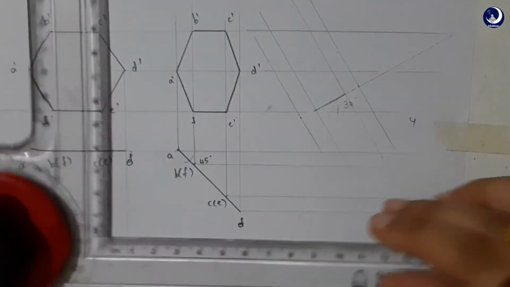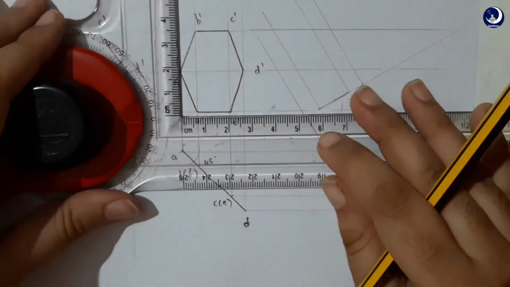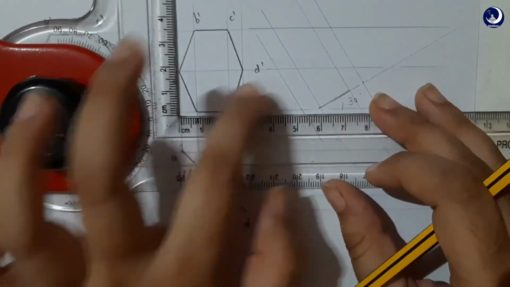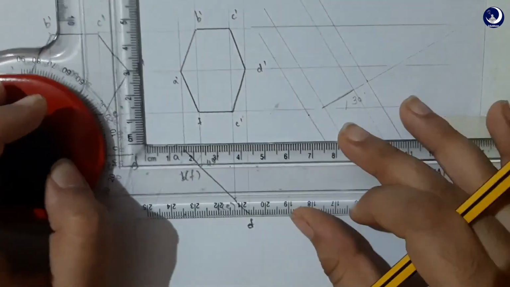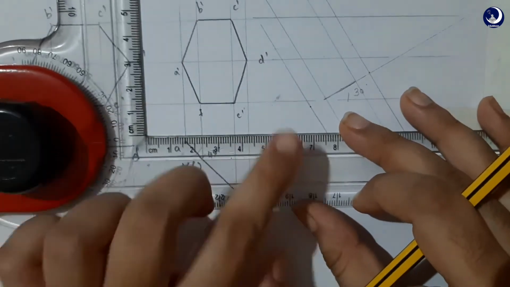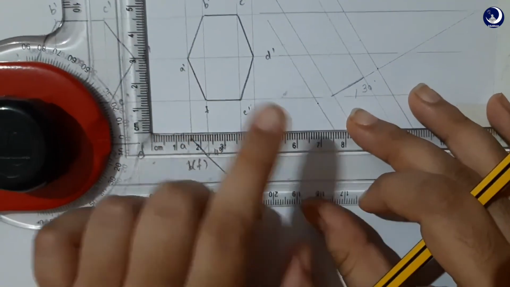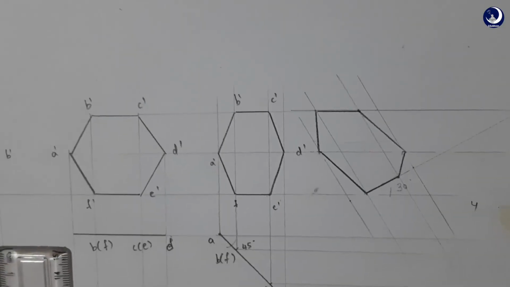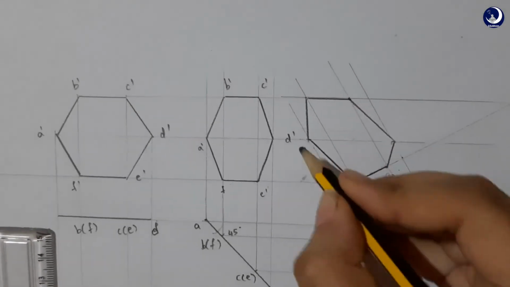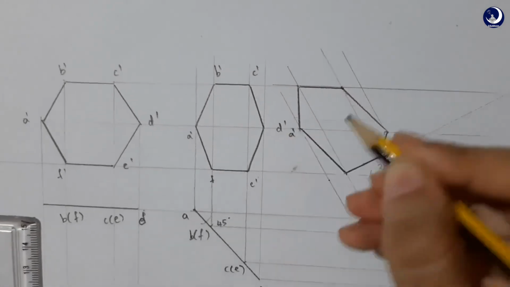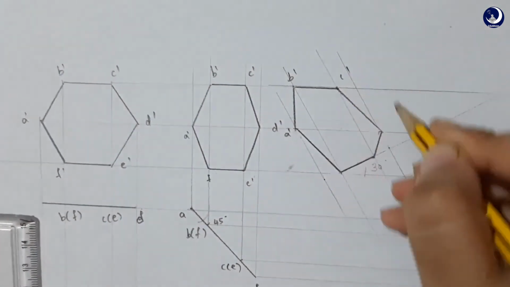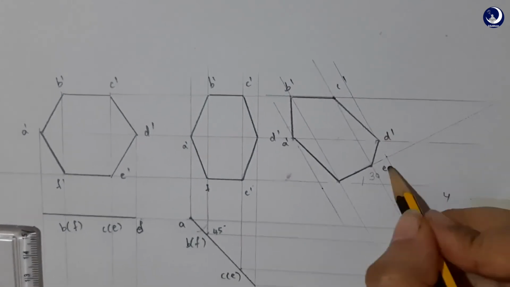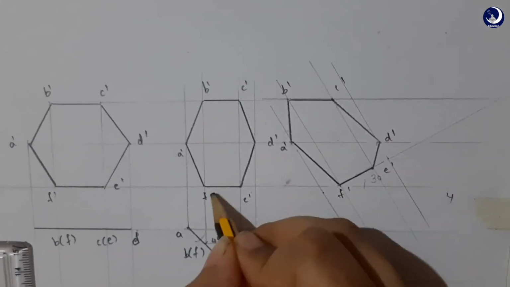I just measured this distance and placed it here, and I measured this distance and drew parallel lines. Now I'm going to map these exact points. After mapping all the points, it will look something like this. I'm going to mark it as A dash, B dash, C dash, D dash, E dash and F dash.